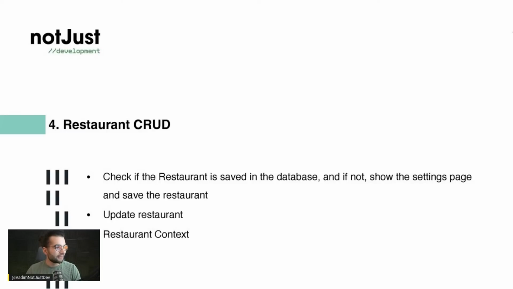Otherwise, simply show the settings page so he can create his restaurant. Basically, he can set his name, set his address, and then start adding menu items to his restaurant. So when there is no restaurant in the database, the only page that we should see here is the settings page.